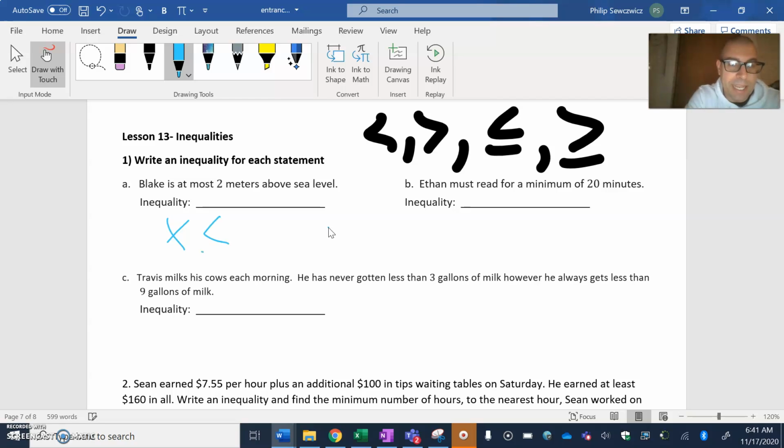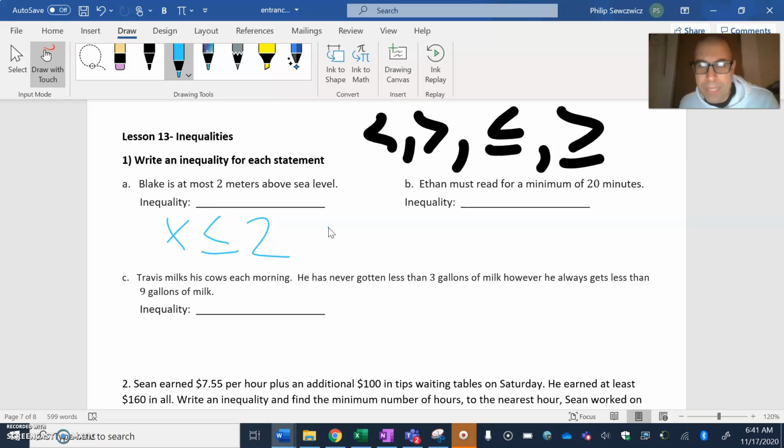It's going to be less than or equal to 2, because 2 is the most it can be. It can be 0. It could be 1. It could be 1.5. But the most it can be is 2. So we want everything that's smaller than 2, and also because it can be 2, that's why we got the or equal to.